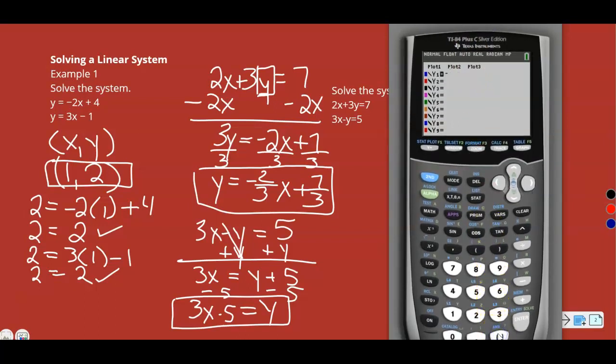So I'm going to use negative 2/3 x. And then plus 7/3. And then I've got 3x minus 5. And then hit graph.